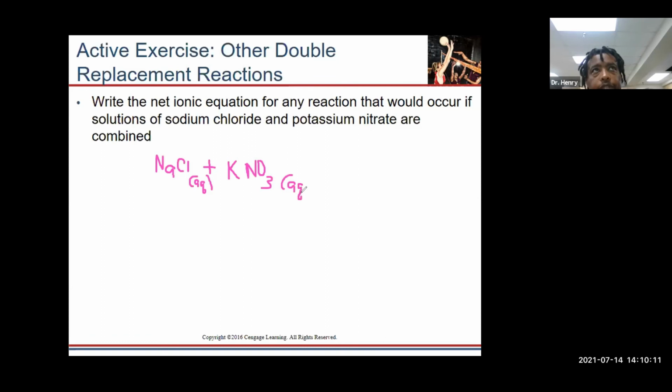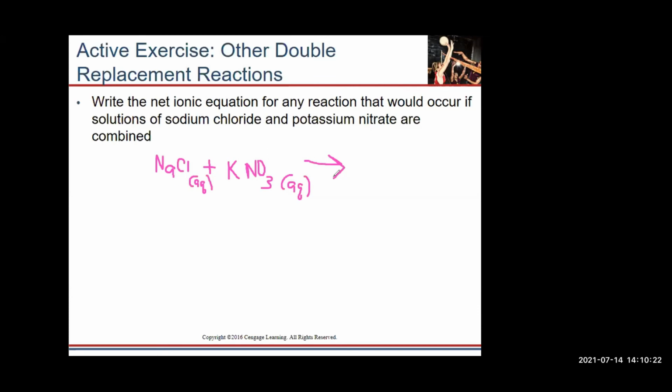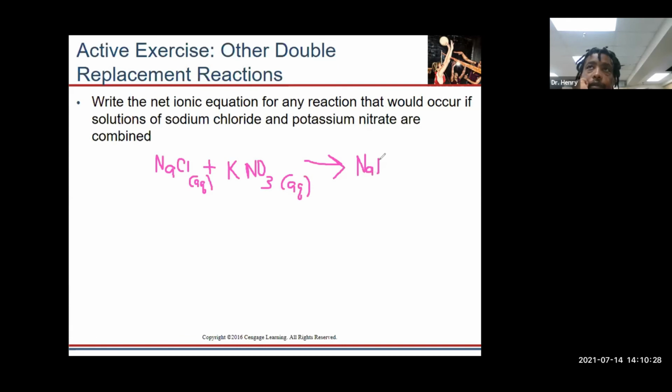What are going to be the products from this reaction normally in a conventional chemical equation? It would be Na with NO3, plus K with Cl, KCl.